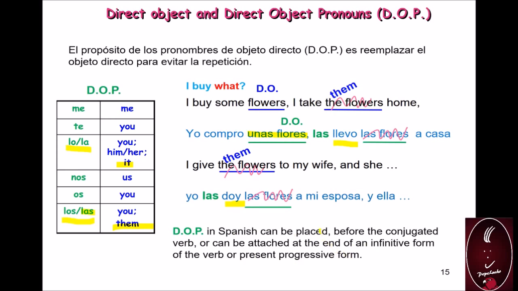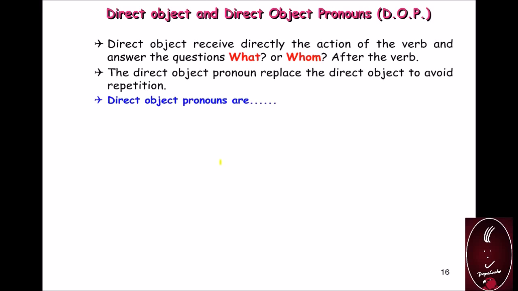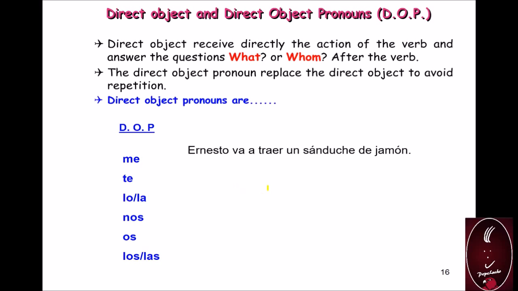Let's review some other examples. Here, direct object pronouns in Spanish. Let's analyze this example. Ernesto va a traer un sándwich de jamón. Ernesto is going to bring a ham sandwich.